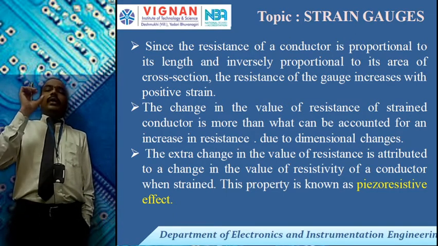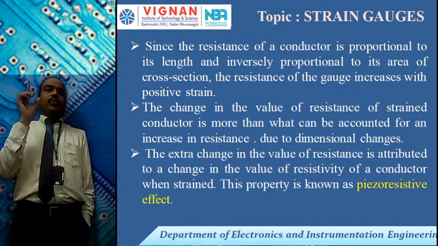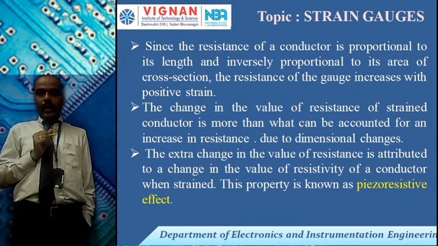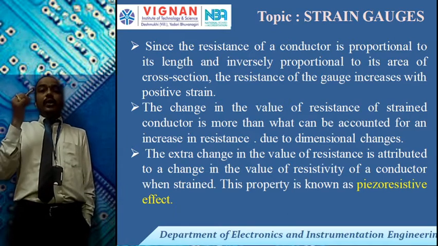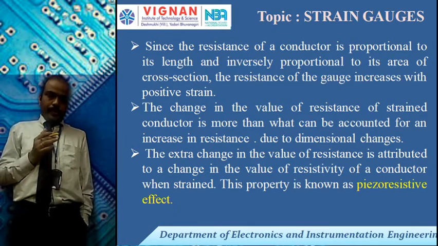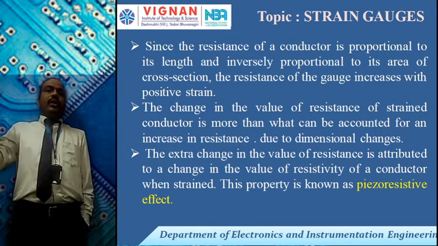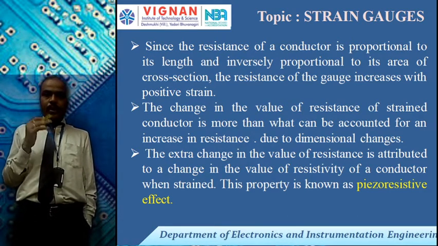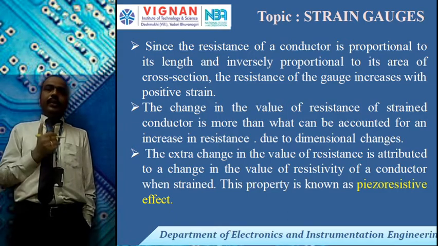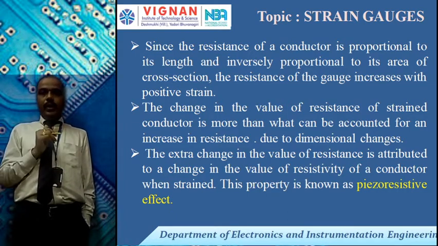For some materials, especially strain gauge semiconductors, the change in resistance is more on account of change in resistivity. We are going to discuss that in different types of strain gauges. I would like to discuss different types of strain gauges later. There we will see everything.